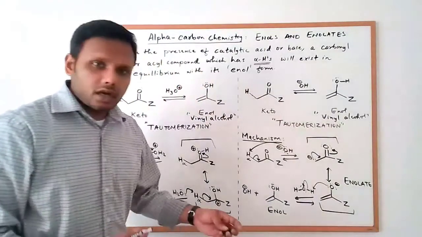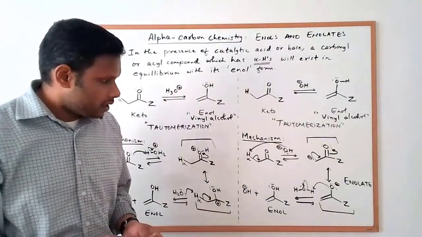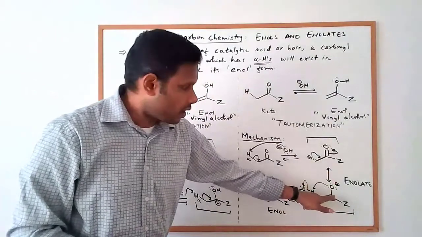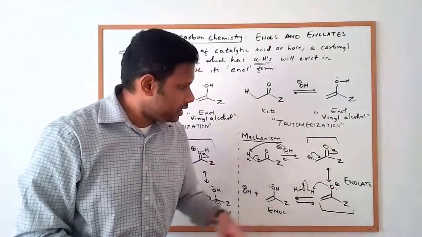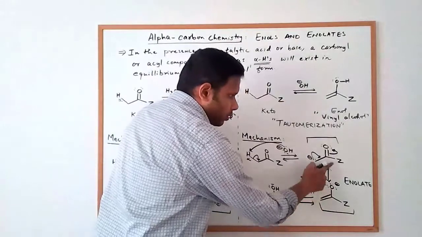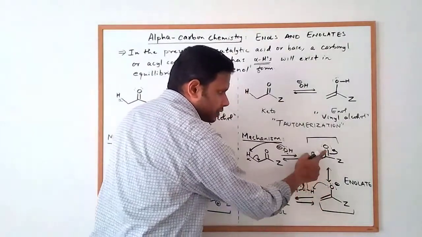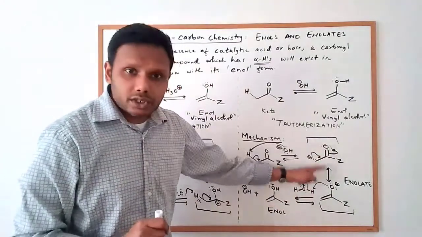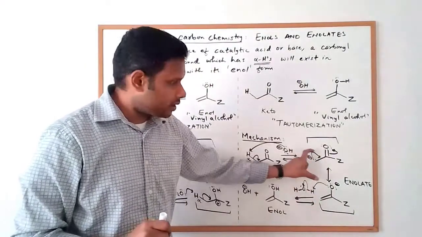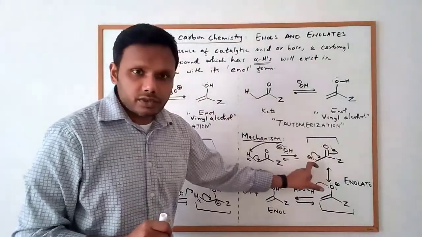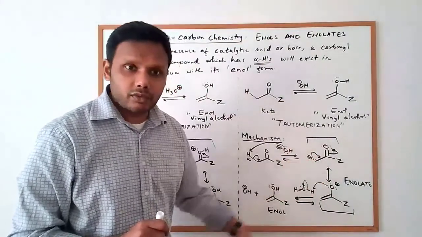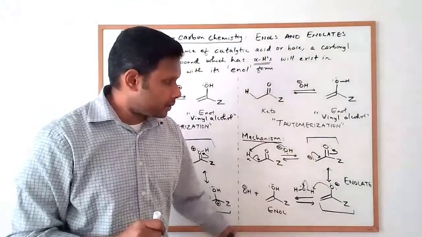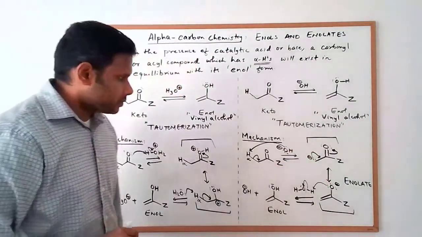So under basic conditions, the enol is in equilibrium with its conjugate base, which is the enolate. And both of these structures represent the enolate because they are just resonance forms of each other. So they are not different molecules or different chemical structures. They represent the same species here, and so they are enolates.